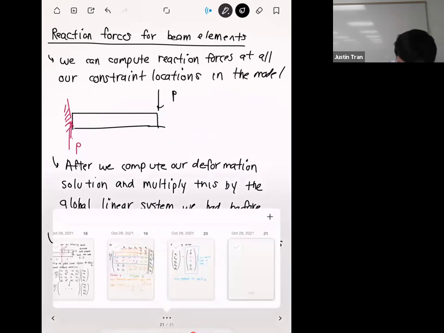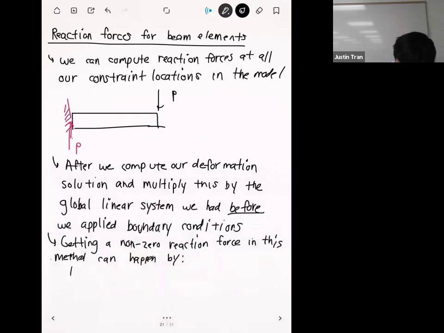Okay. And so the first way that you can get a non-zero reaction force is if you have an external force actually being applied on that node.